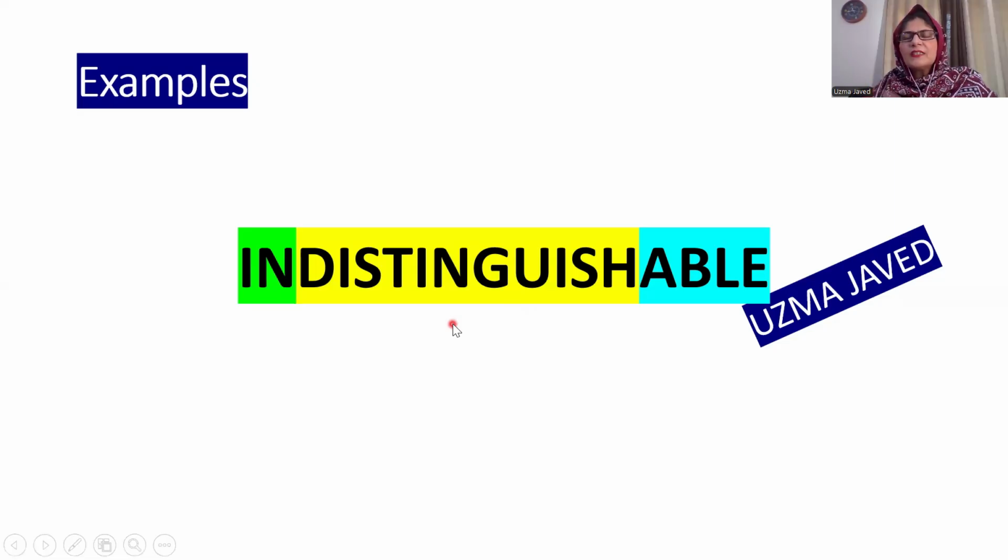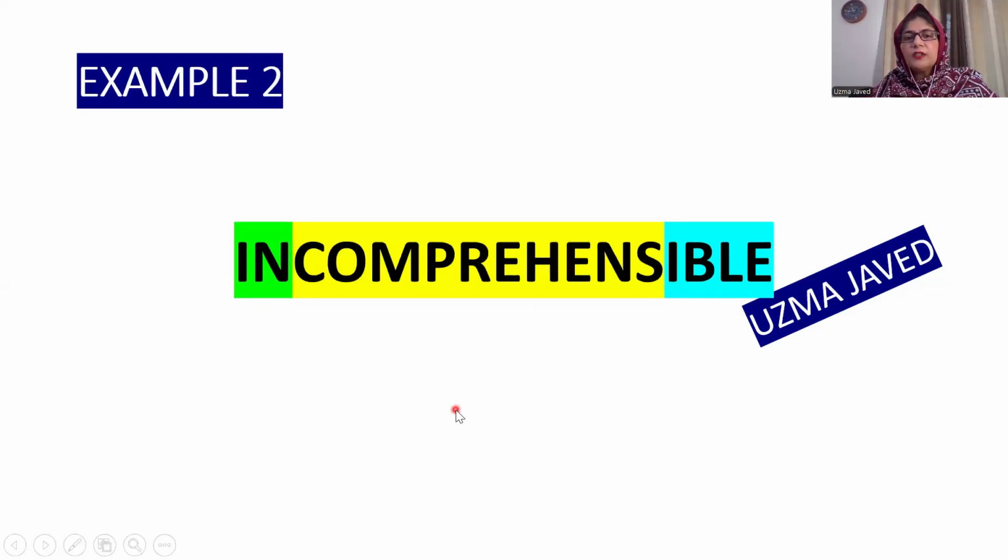I will skip the root word and use a synonym of the root word. So, I will say that indistinguishable means something that cannot be differentiated, something that cannot make a difference. Indistinguishable, something that cannot be differentiated. That would be the meaning of this word.